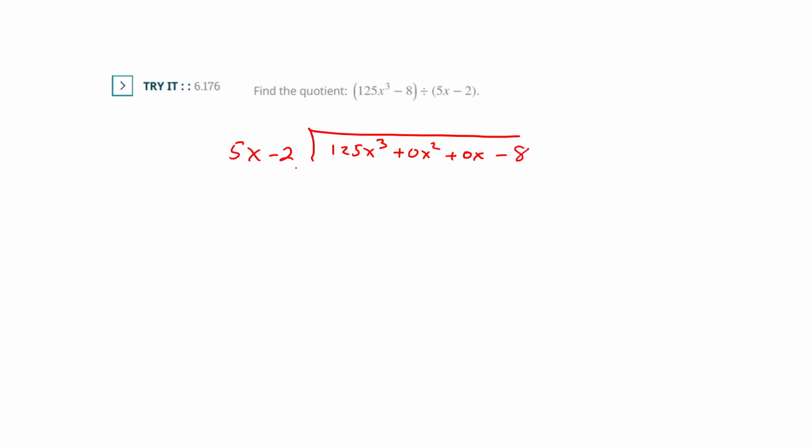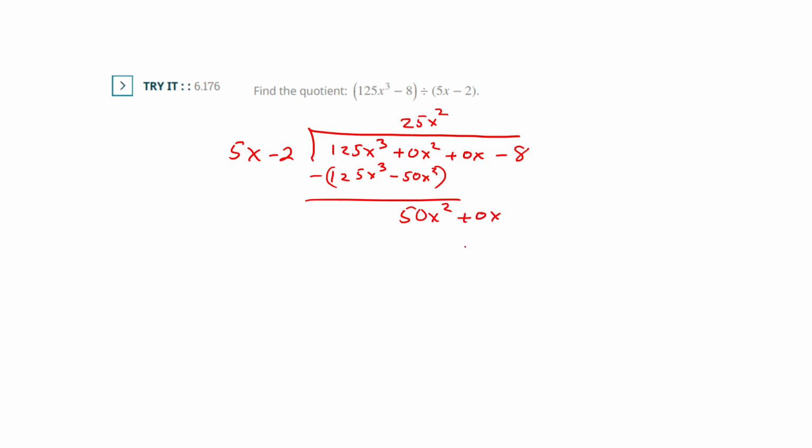Okay, 5 into 125. 25 times, so 25x to the second. This is minus 50x squared. Okay, negatives run through. This is now 50x to the second.